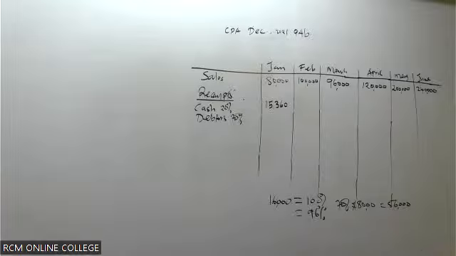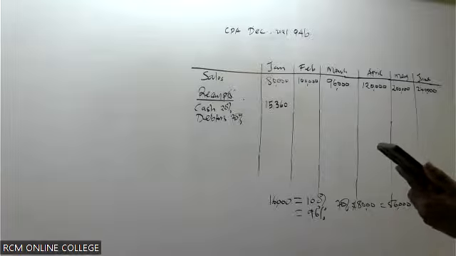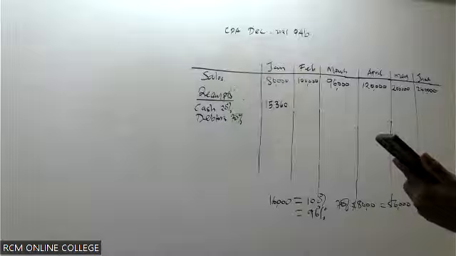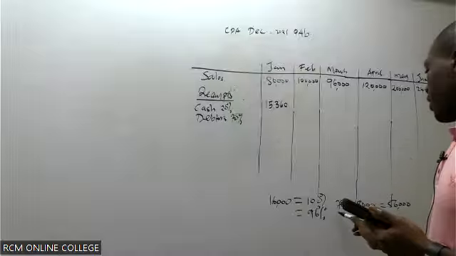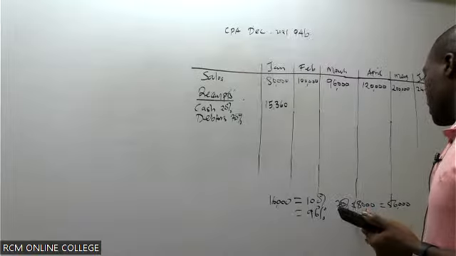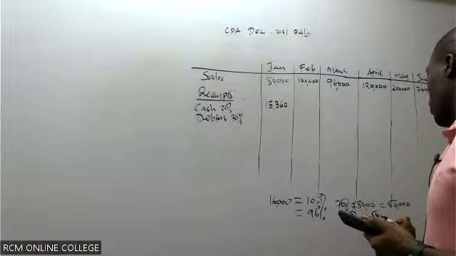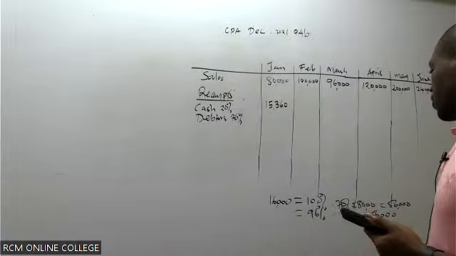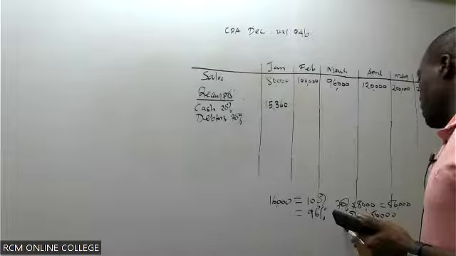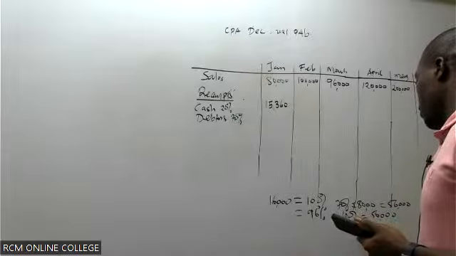Wakilipa within 1 month wanapewa discount of what percent? 2.5%. So it means how much are they going to pay us? 100% is equal to 56,000. If we give them a discount of 2.5%, they're supposed to pay us 97.5%.